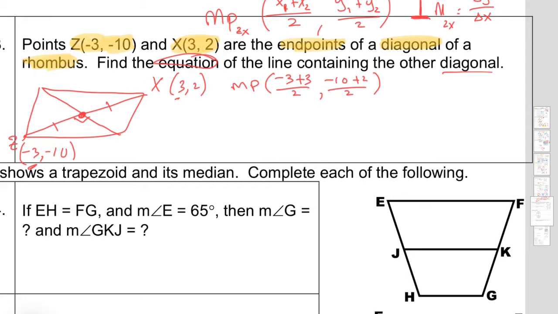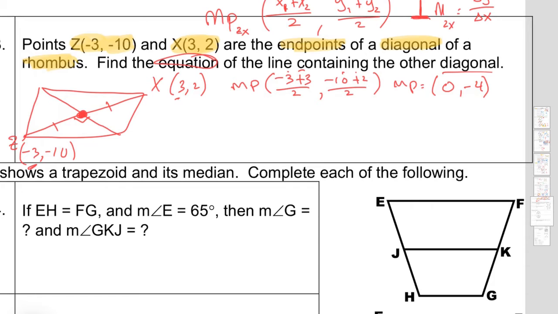A little simplifying gives us, -3 plus 3 cancel out, which gives me 0 over 2, or just 0. -10 plus 2 is -8, and half of that is -4. So I have the midpoint. I have the point where they are going to intersect. I have the point that my new equation is going to go through.